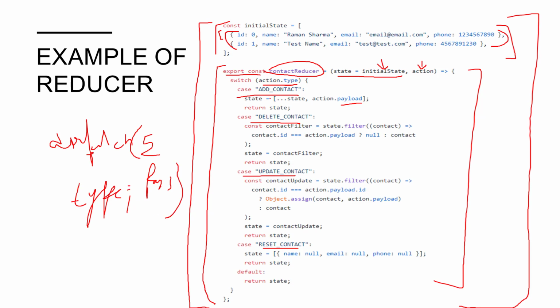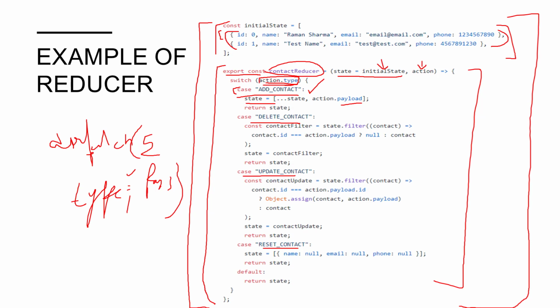Any one of these we can write here: add contact type can be there, delete contact type can be there, and then the payload, the data that we want to pass here. First of all it is using a switch statement, seeing what the type is, then with the help of the switch case it is matching the type. If the type here is add contact, I want to add a contact here. So here it will first of all check this.